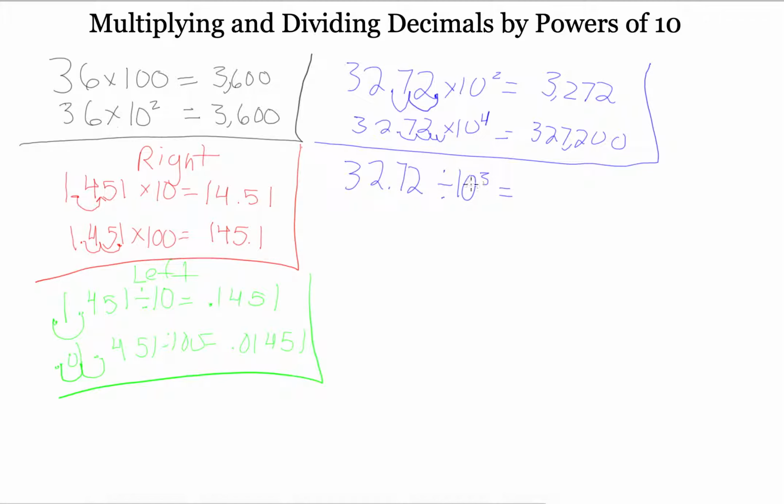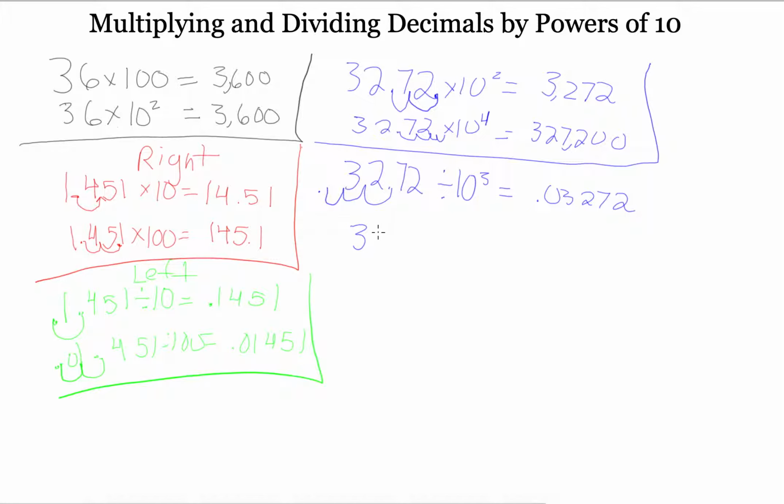So this 3 represents 3 10s, 10 times 10 times 10. So this number is going to get 3 place values smaller. So we're going to move this decimal point 1, 2, 3 times to the left. So our answer is going to be 0.0, because we have the need for a placeholder here, 3, 2, 7, 2.